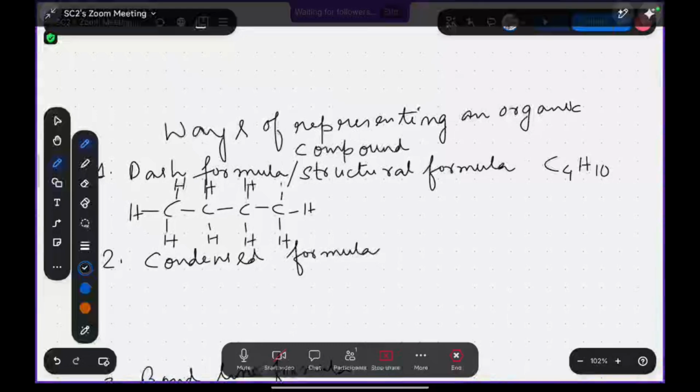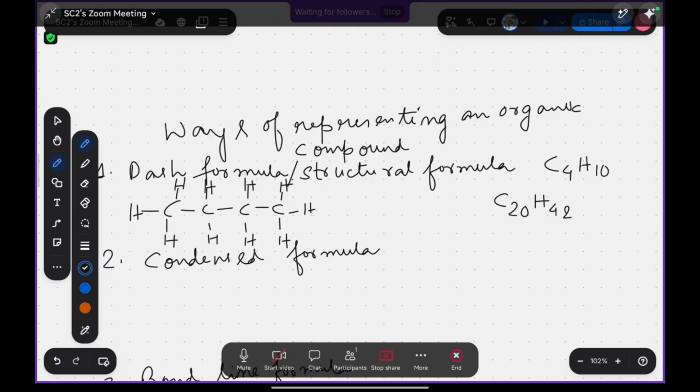Imagine a compound having 20 carbon atoms, say C20H42. Do you think it will be easy to represent the compound in such a long way? Representing all the bonds is very hectic, time consuming and difficult.